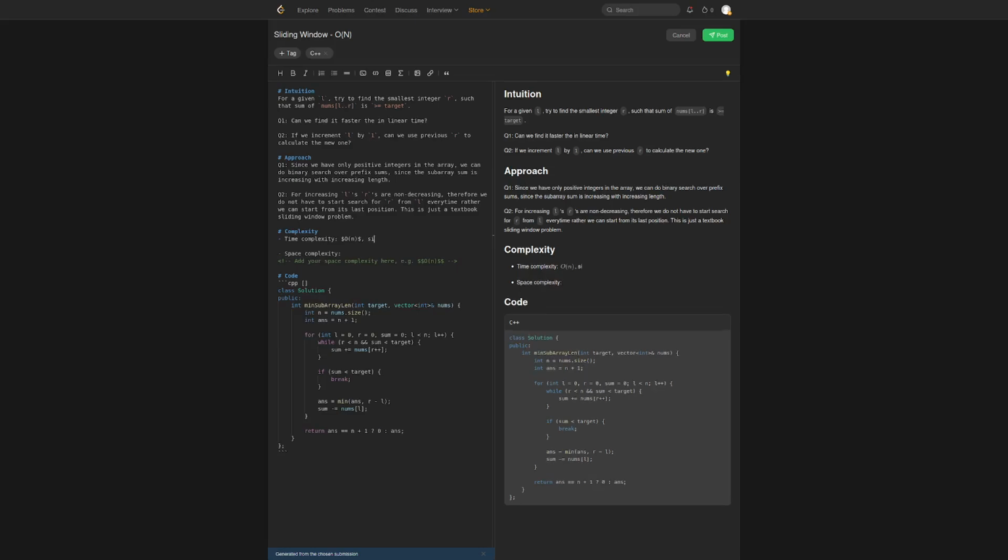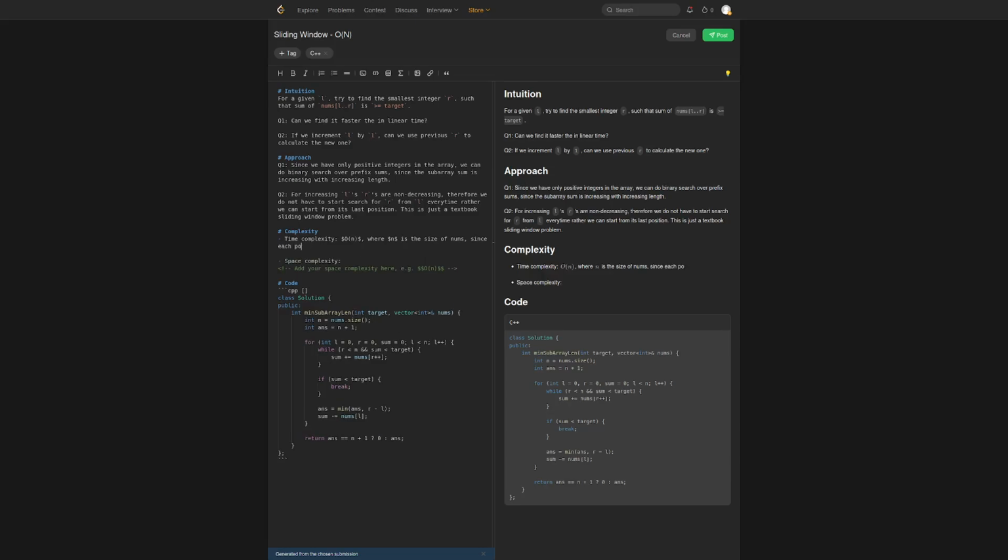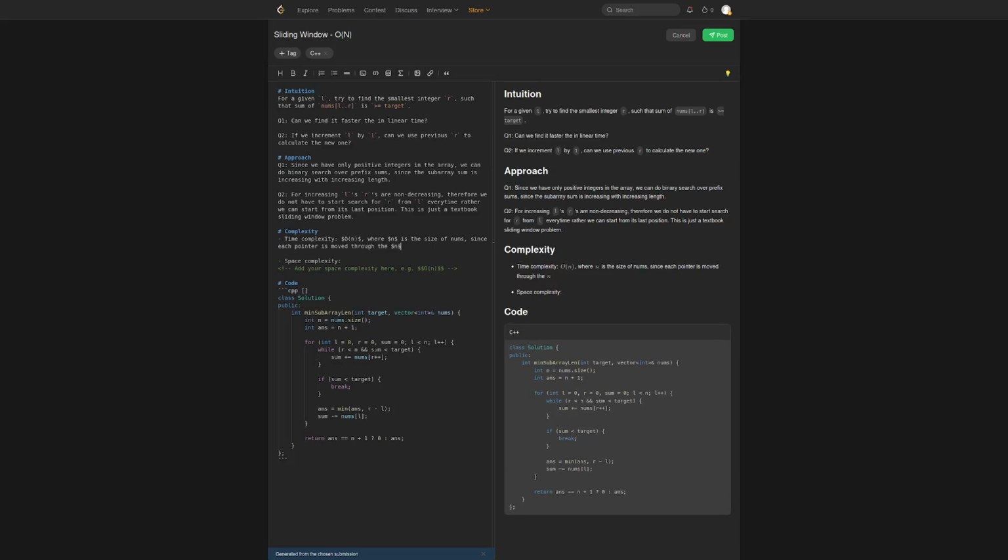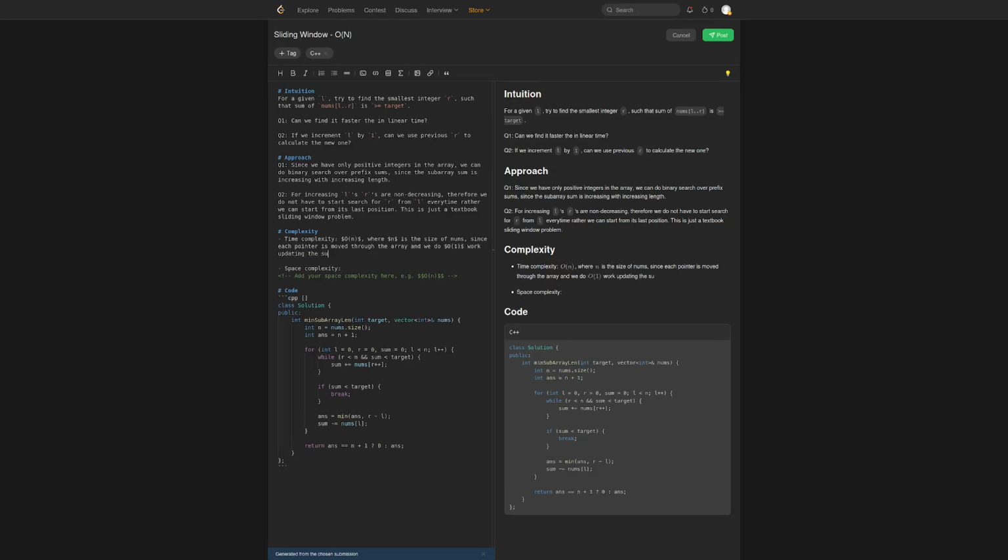Okay, so the time complexity is O(n), where n is the size of nums, since each pointer is moved through the array, with work updating the subarray sum and the answer.